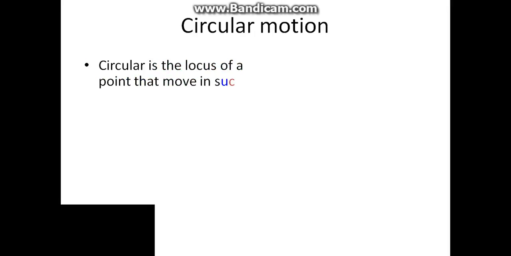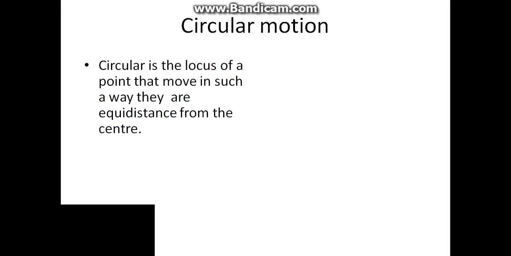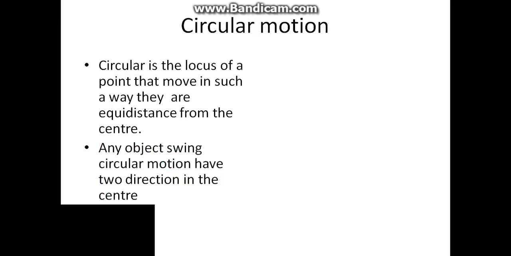Circular motion. A circle is the locus of a point that moves in such a way that it is equidistant from the center. Any object in circular motion has two directions in the center.